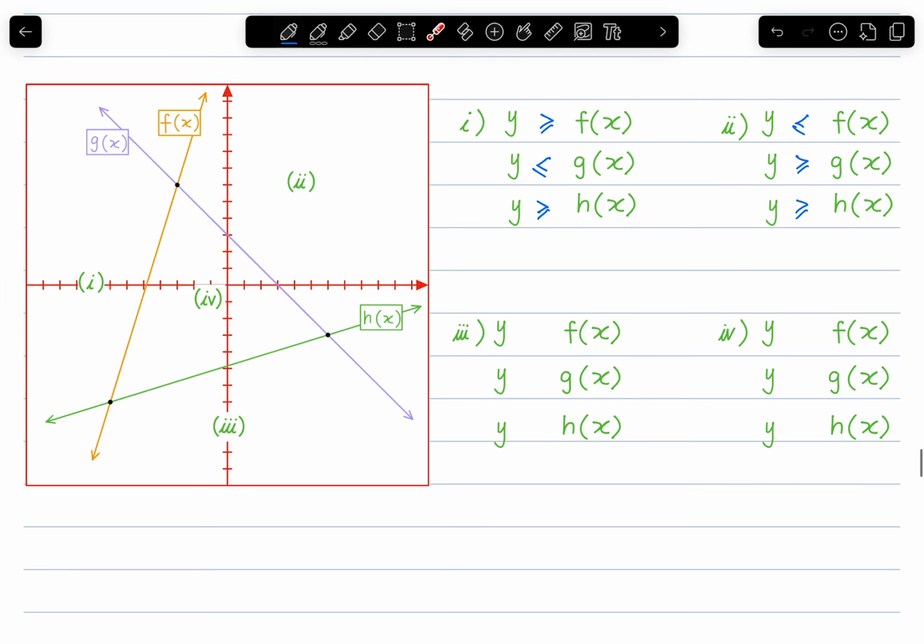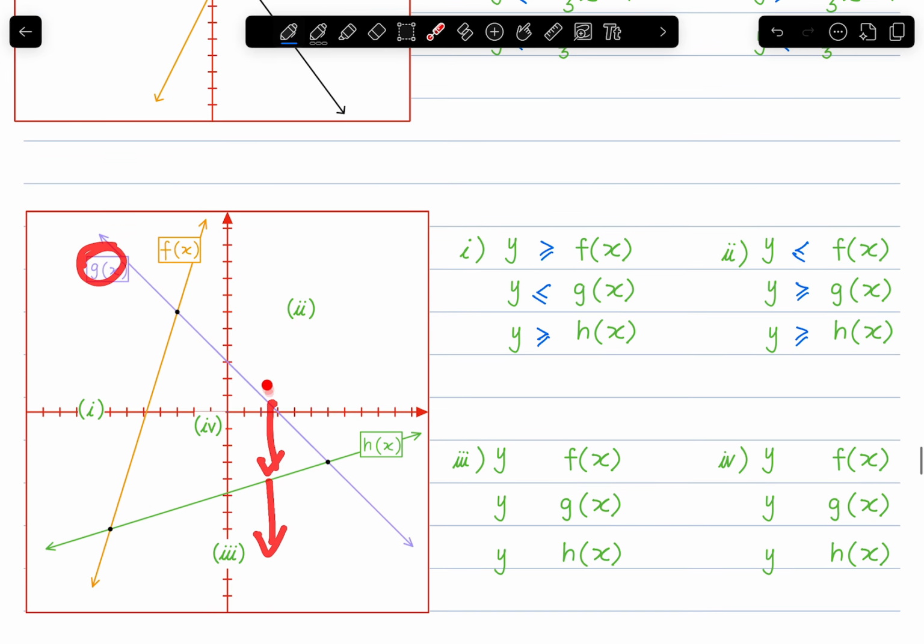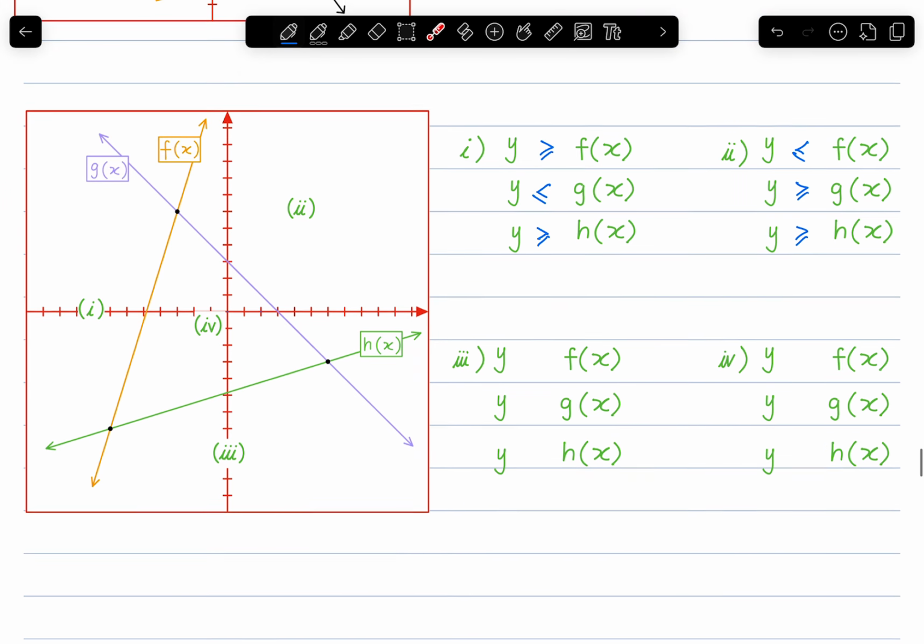Let's take a look at region number 3. I hope this one is pretty straightforward. You can see that this region, any point that we pick here, has to be below H, has to be below G, and again, have to imagine F extending all the way here. It's below F as well. So I'll repeat one more time.